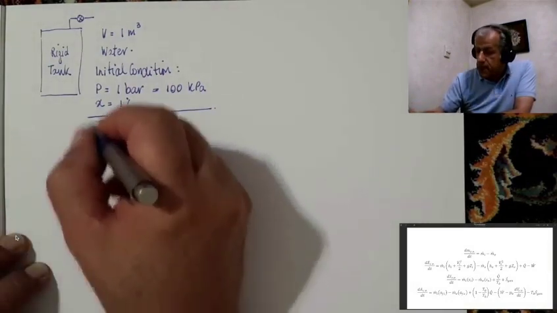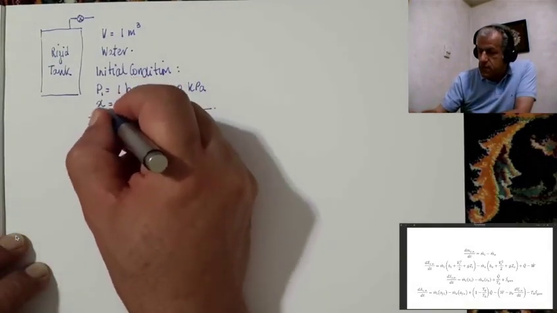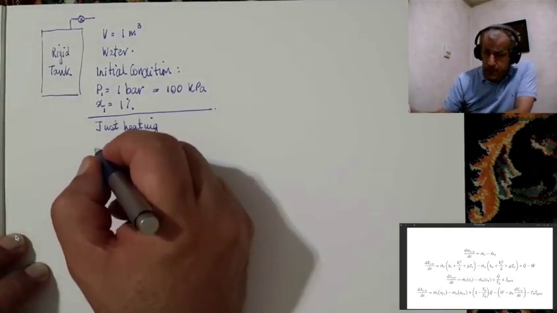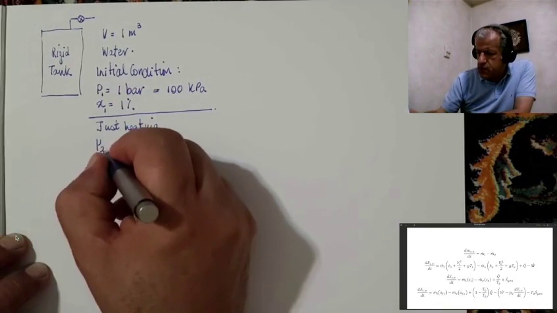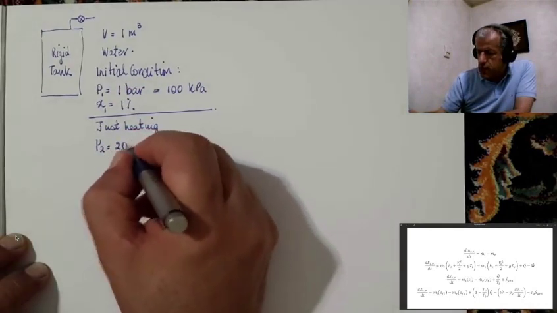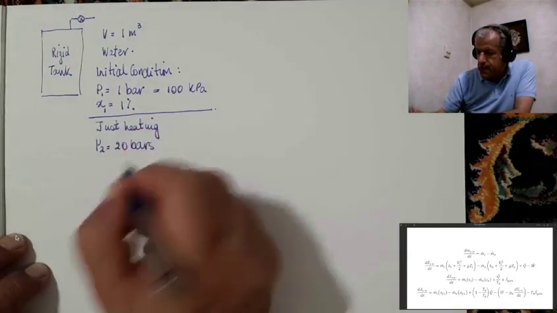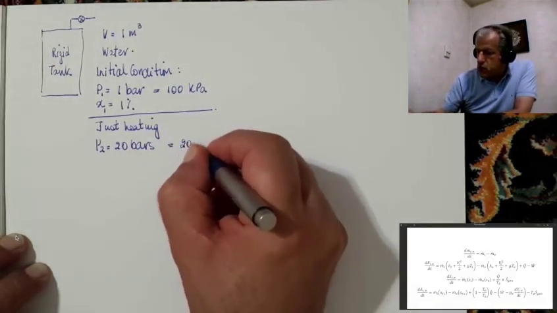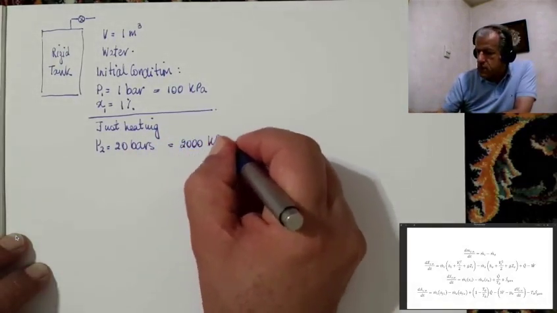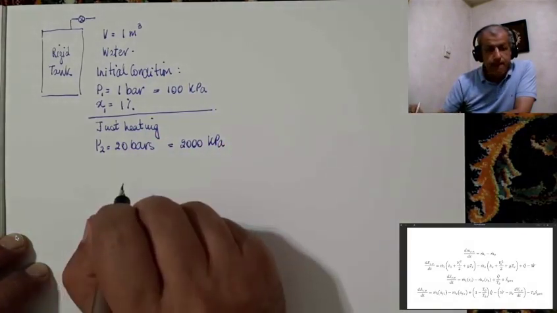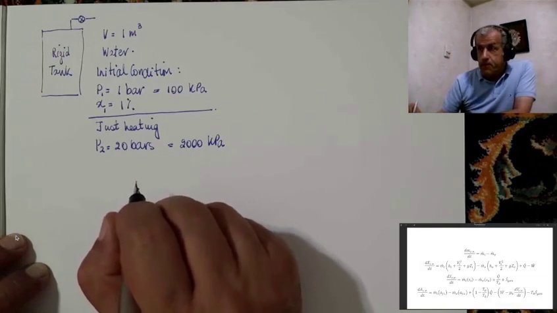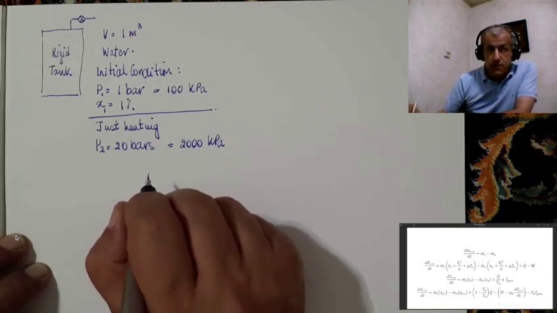If this was P1 and X1, for the second condition you have P2 equals 20 bars, which is equivalent to 2000 kilopascals. This is the second condition.